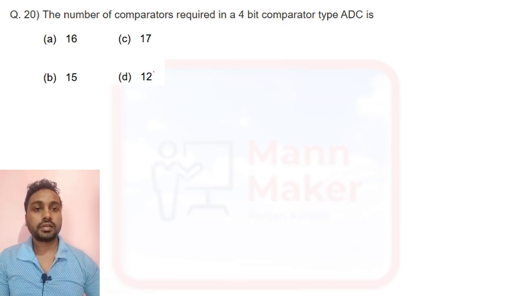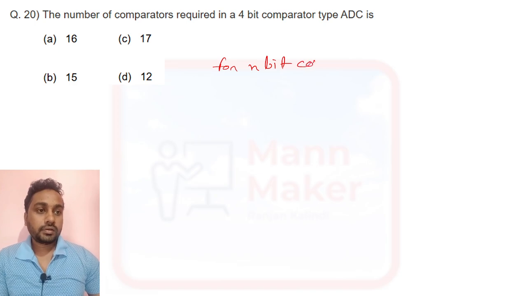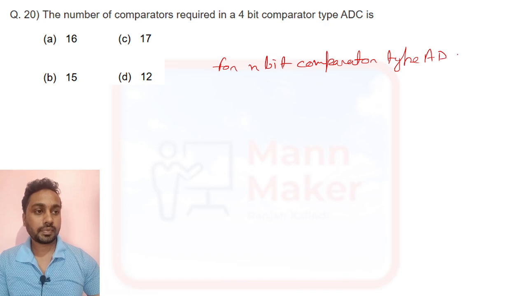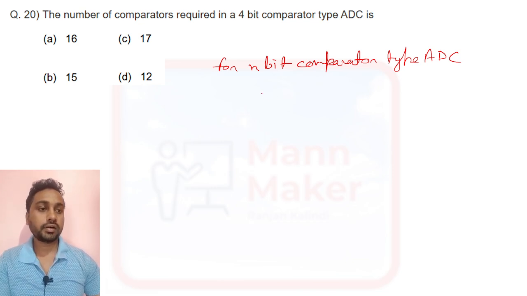The number of comparators required in a 4-bit comparator type of ADC. Analog to digital converter, comparator. If we talk about an n-bit comparator type ADC, the number of comparators required is 2 to the power n minus 1.